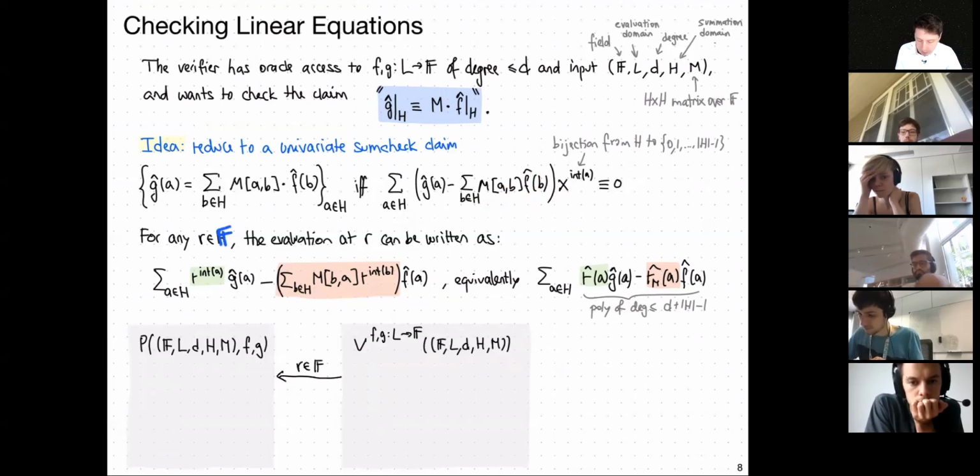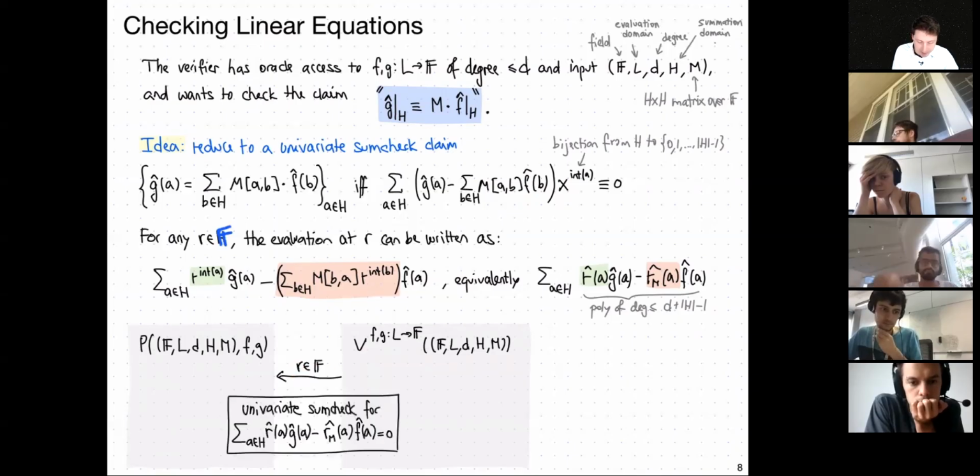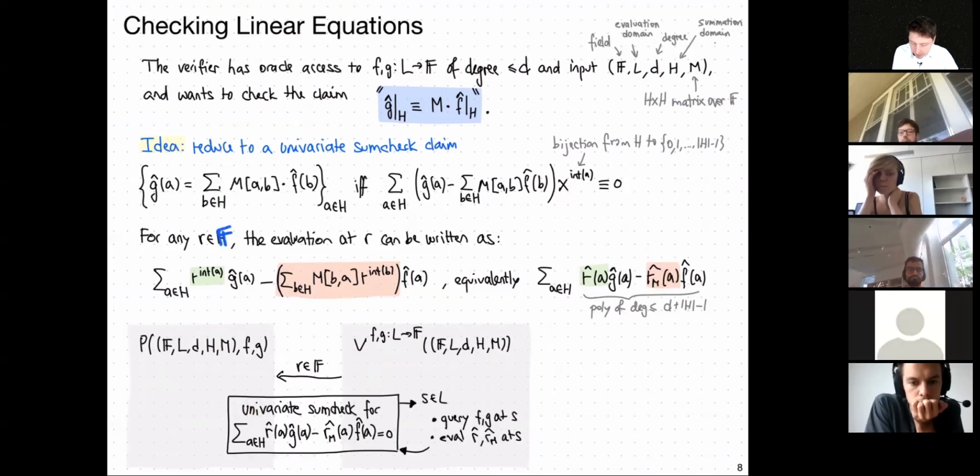How would we do it? We would ask the verifier to send a random element in the field, and we're going to run a sum check protocol for this expression for the r chosen by the verifier. And whenever the sum check protocol asks me to evaluate the addend at a random point, I am going to query f and g at s for that.